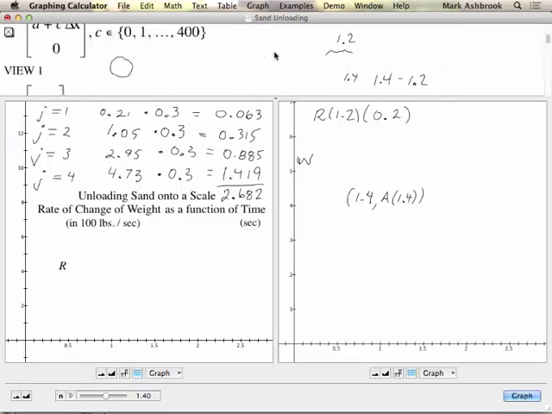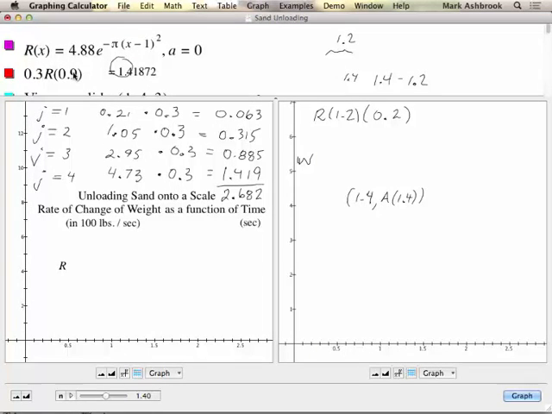So r of 1.2 times 0.2. It's a partial interval. 0.861, which is the little bit more accumulation we get for the last 0.2 seconds.